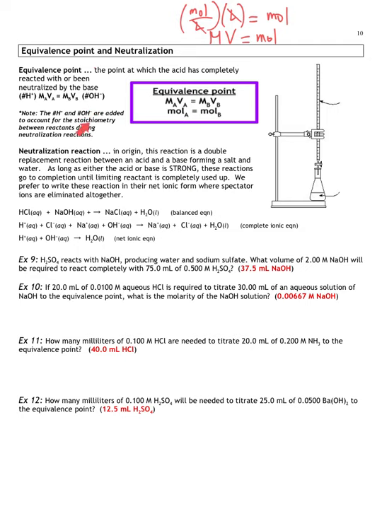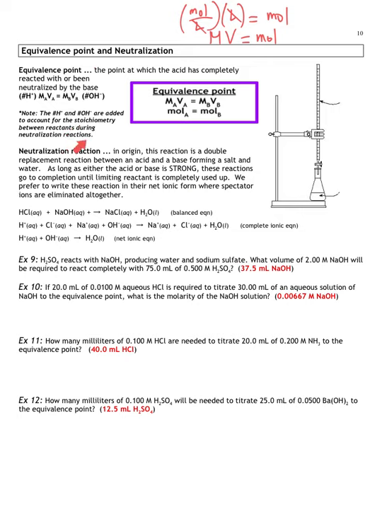To account for the stoichiometry in the reaction between the acid and the base, I multiply the acid side by the number of protons. I multiply the base side by the number of hydroxide ions that 1 mole of that base can contribute.